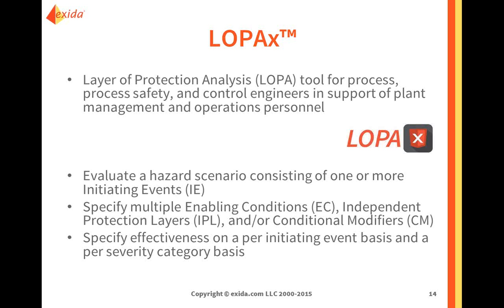It allows you to specify enabling conditions, multiple independent protection layers, and multiple conditional modifiers as well. And it allows you to specify the effectiveness of each of the enabling conditions, IPLs, and conditional modifiers on a per initiating event basis, as well as a severity category basis.